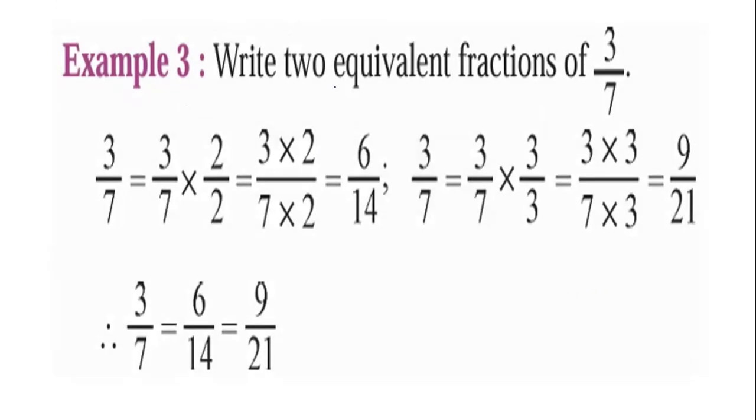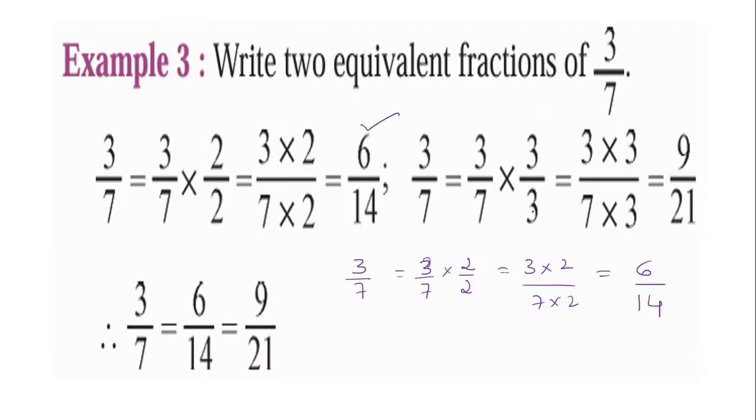See, write two equivalent fractions of 3 by 7. This is 3 by 7. If we multiply both numerator and denominator by 2, we get 3 into 2 by 7 into 2. 3 2s are 6, 7 2s are 14.